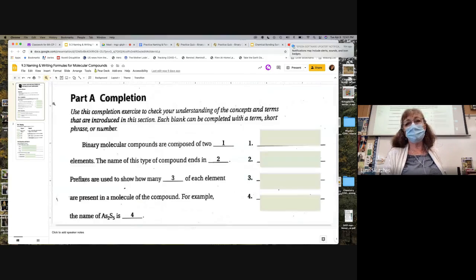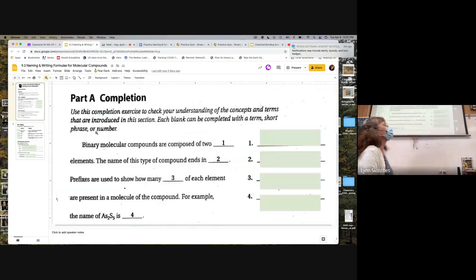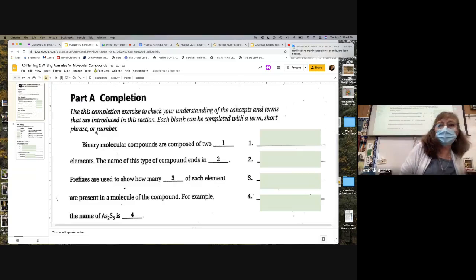And this is the worksheet with the little fill-in boxes. Binary molecular compounds are composed of what, Julian? Question number 1. This is yesterday's work.